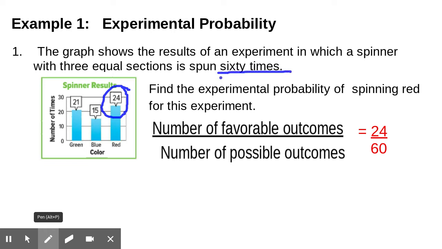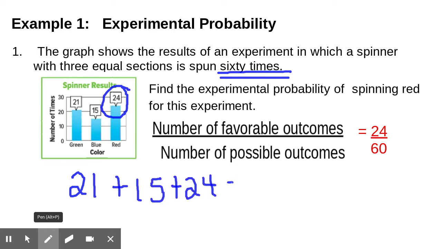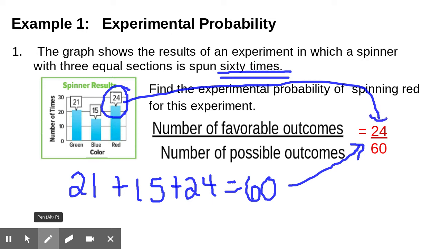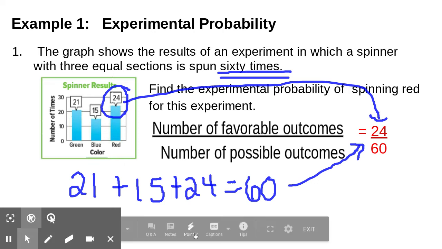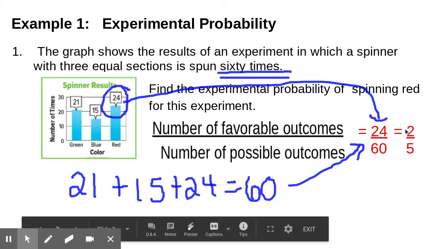Well, it tells us in the problem, but you could have also added 21 plus 15 plus 24. That gives me 60. Okay, so that's the 60. That's my total possible. And the number of favorable outcomes, what I want to have happen, that's the 24. Okay, can that be reduced? Yes, that can be reduced to 2/5, which is about 40%.